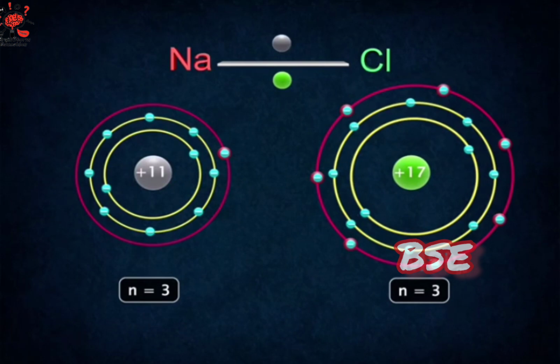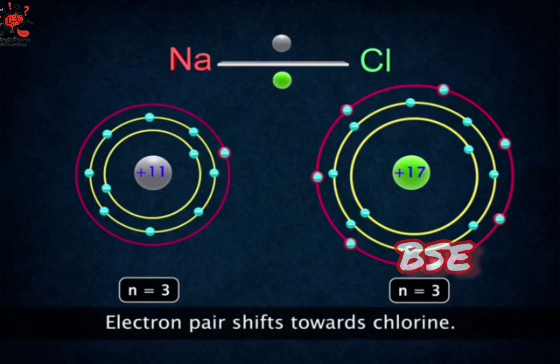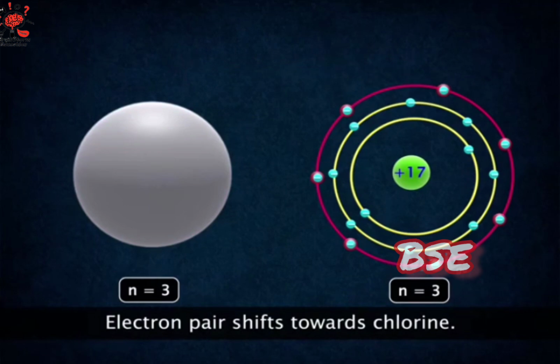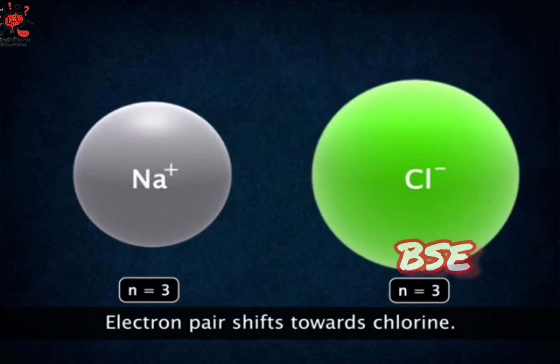The sodium nucleus has 11 protons, while the chlorine nucleus has 6 more protons in its nucleus. Due to this, the bonded electron pair gets pulled towards chlorine to such an extent that sodium and chloride ions are formed.